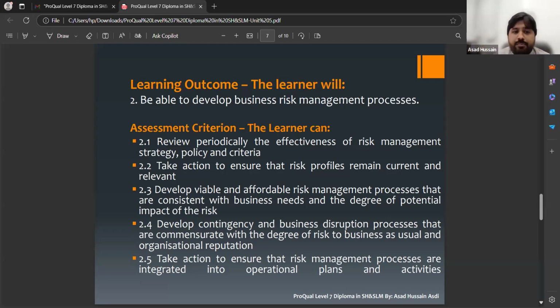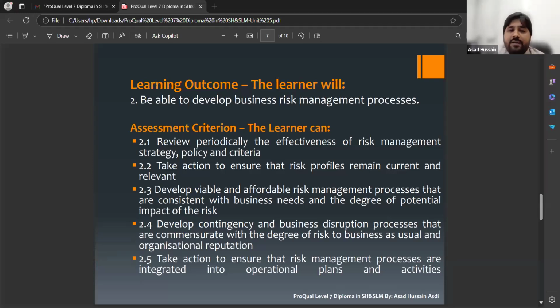So they have to explain what contingencies and business disruption processes or plans are there in their organization with regard to the risk their organization can face or any crisis situation, and how they can cope with that.